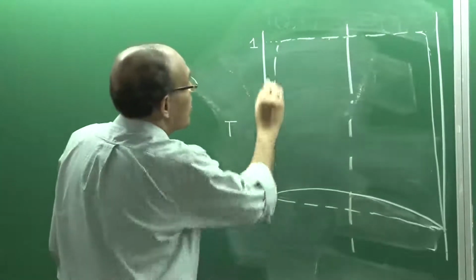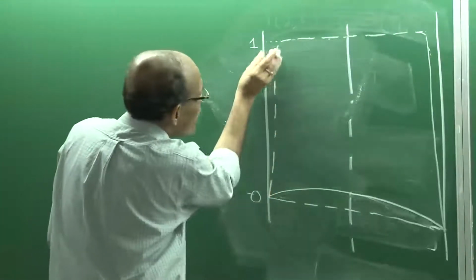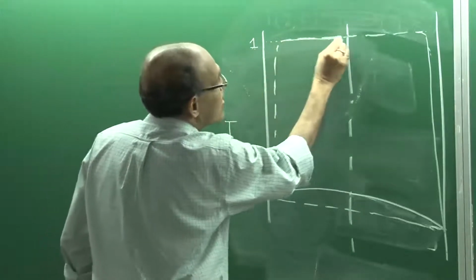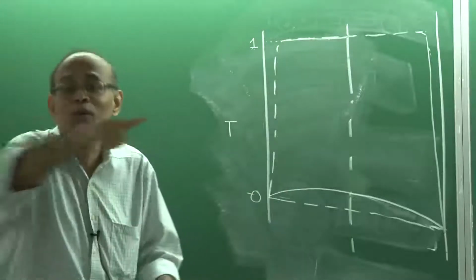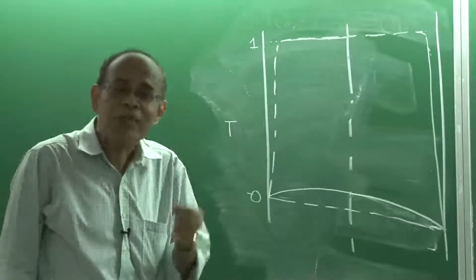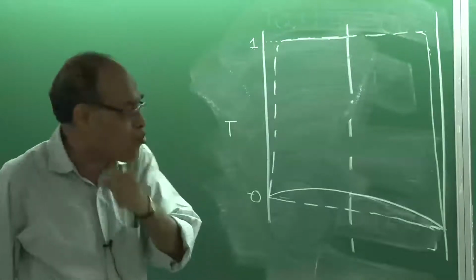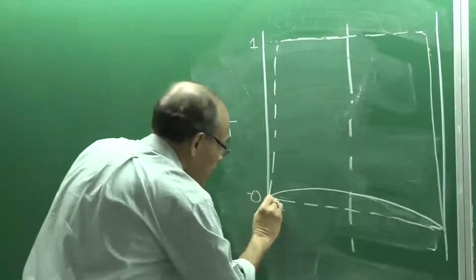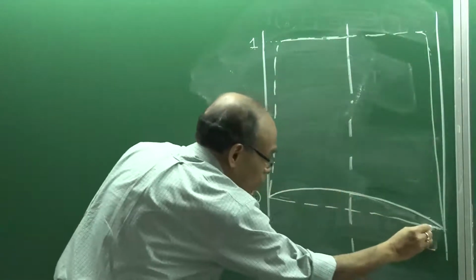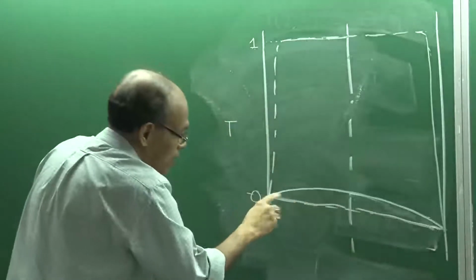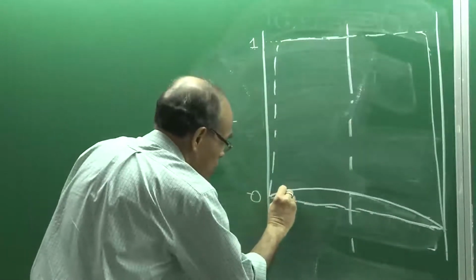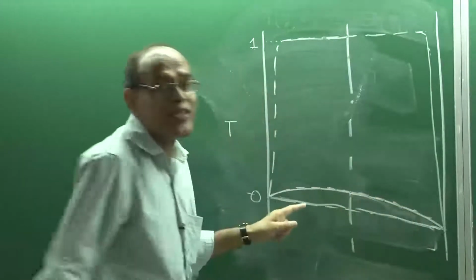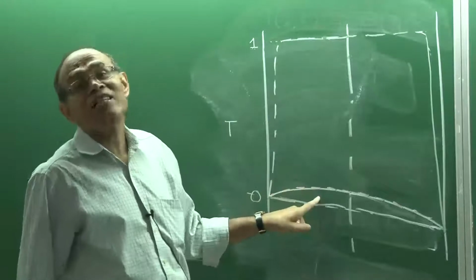So, this tells us that everywhere except for this small region, the temperature is close to the initial temperature, which essentially means that the heat has not been able to penetrate into the domain, which means I am talking of a time which is very close to 0. So, this is a small time solution. On the other hand, this line, the temperature that I have shown here, is very close to the uniform temperature of 0, which essentially means that we are talking of a large time solution here.